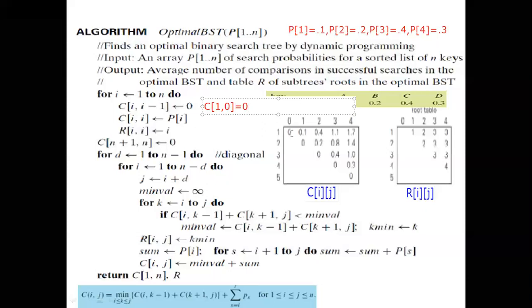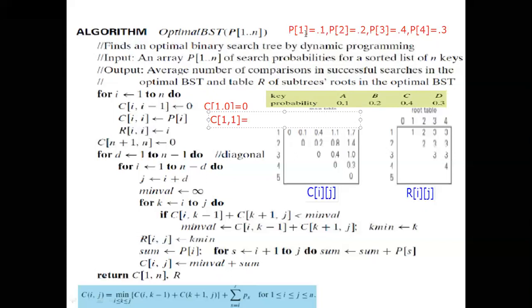What is the next one? Next we are going to fill the next diagonal element, one value is going to fill. That we will see in the next statement. It is C of I. What is the current I value? 1. C of 1 comma 1 is equal to P of 1.